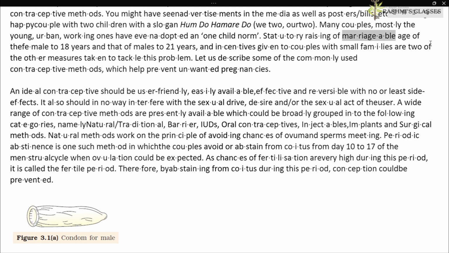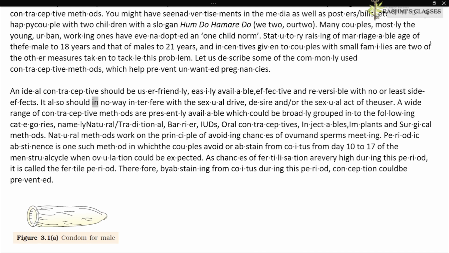Statutory raising of marriageable age of the female to 18 years and that of males to 21 years, and incentives given to couples with small families are two of the other measures taken to tackle this problem. Let us describe some of the commonly used contraceptive methods, which help prevent unwanted pregnancies. An ideal contraceptive should be user-friendly, easily available, effective, and reversible with no or least side effects.